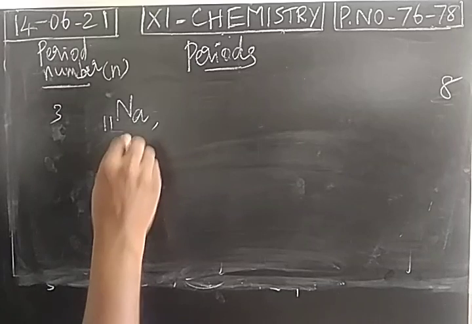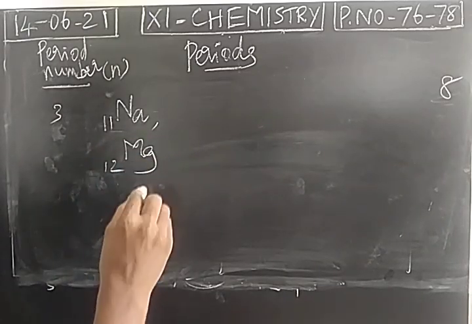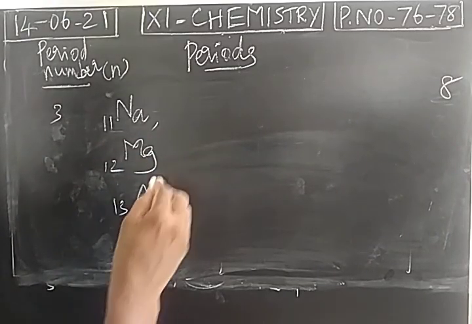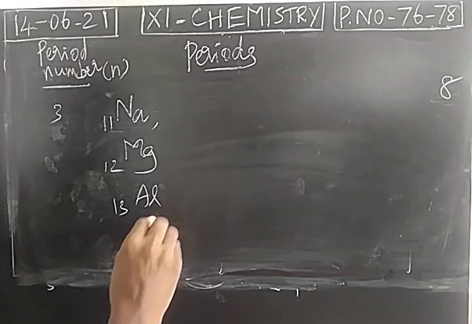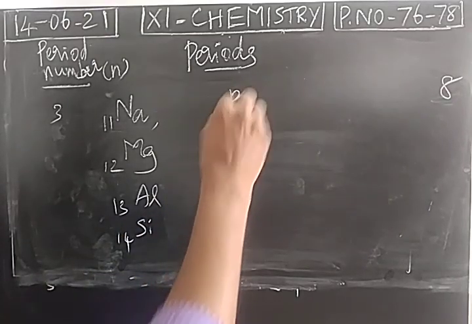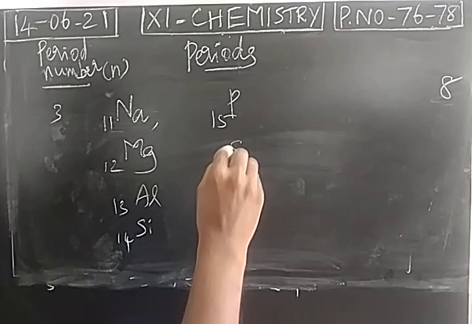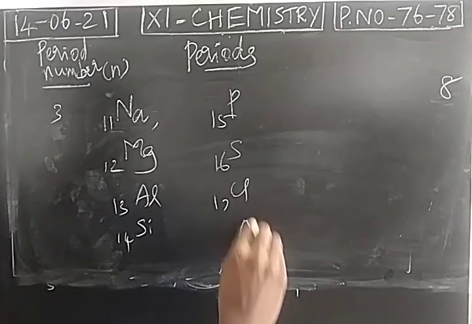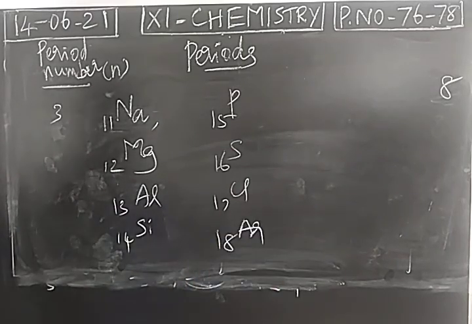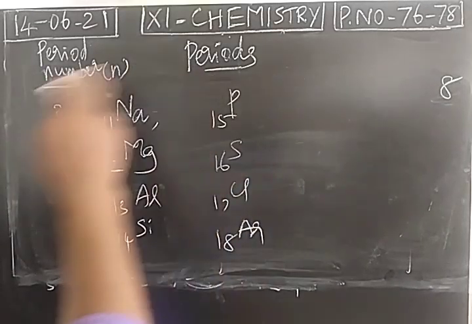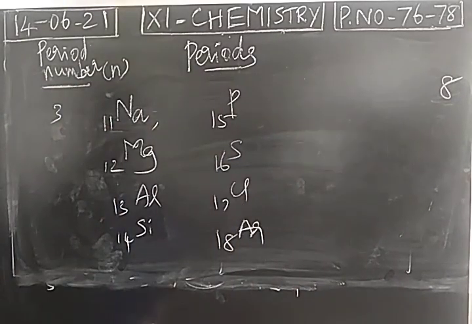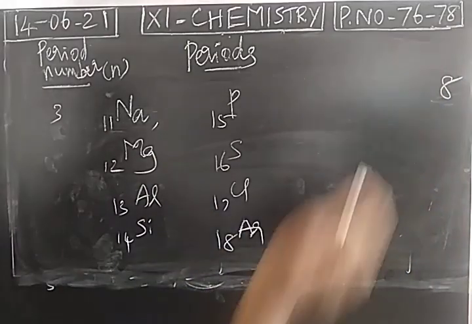Sodium, magnesium, aluminum, silicon, phosphorus, sulfur, chlorine, argon. So 8 electrons can be placed in the third cell. So the third period in the modern periodic table has 8 elements.